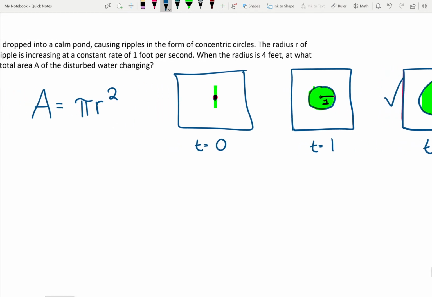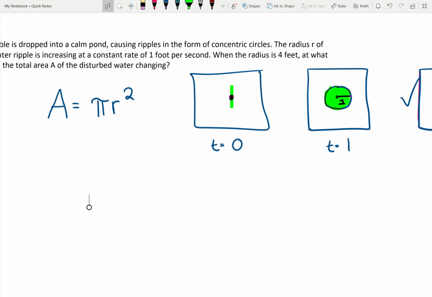That's the question here. So the first thing we want to change is this: A equals pi times r squared. We should rewrite that because r right now is written in its nickname. We should write r as its true name, a function of time. The radius grows as time passes by, so we should write it like this: r is a function of t.